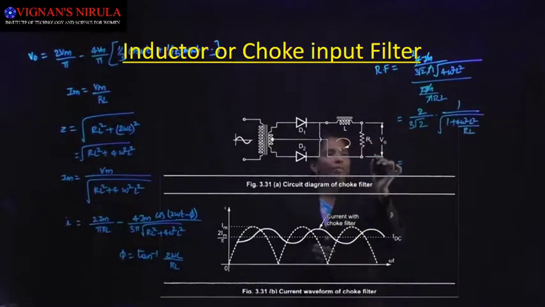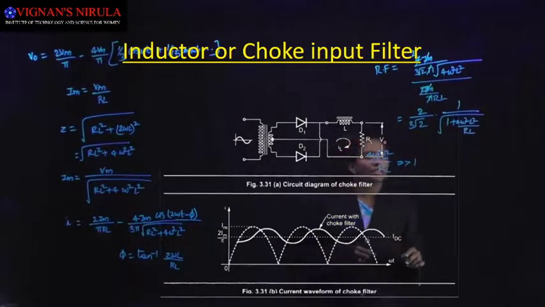Here 4 omega square L square by RL square is far greater than 1. So neglecting the 1, we get ripple factor RF equal to 2 by 3 root 2 into RL by omega L.